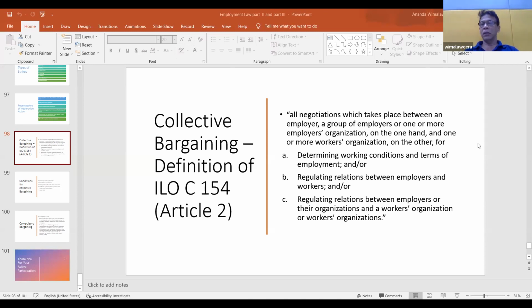What is the topic that we discussed last time? The payment of gratuity, right? So the Gratuity Act.